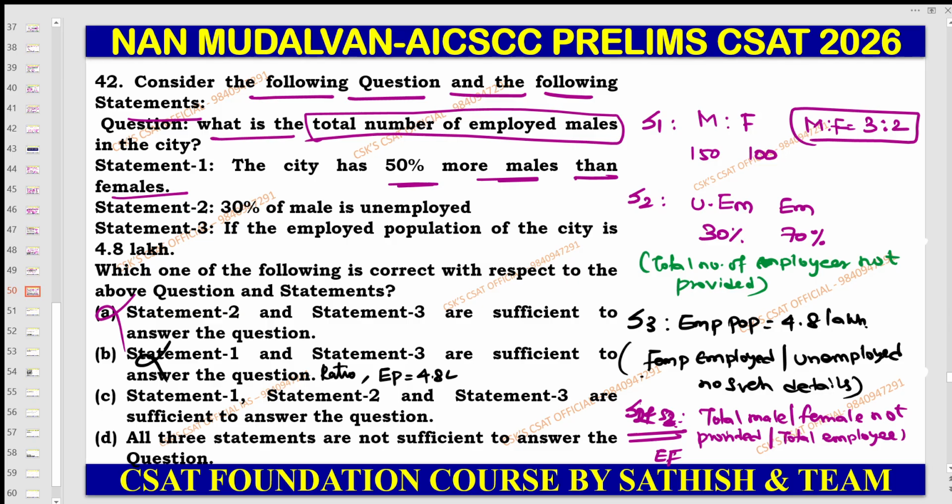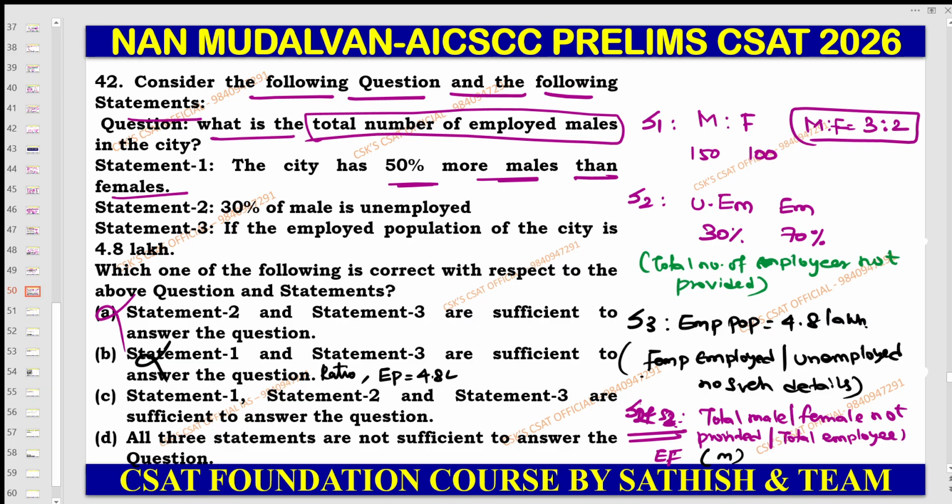Next, 1, 2, 3. If you take 1, 2, 3, what is possible here? In 2 and 3 you only know the ratio and 30% of males, but the total male you don't know. So when the total male is unknown you can't do it with 2 and 3.